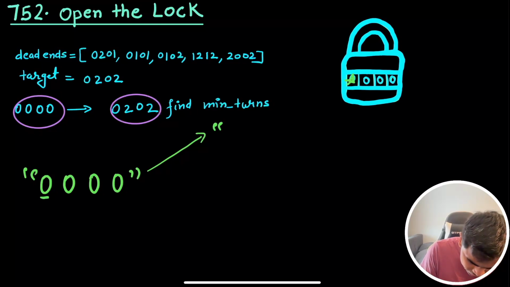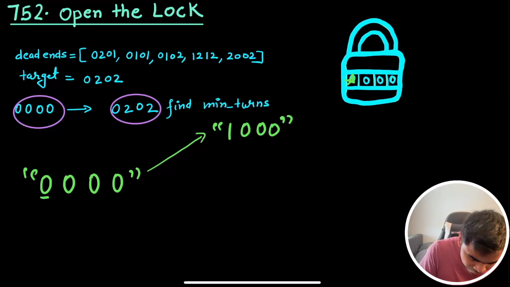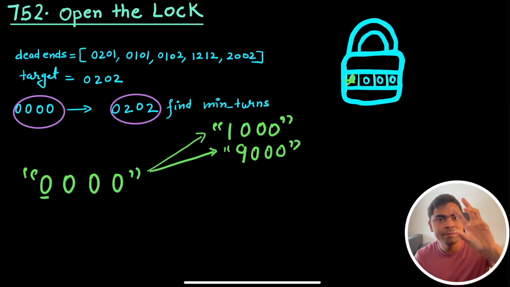So let's say I change it to 1, 0, 0, 0. That's one possibility. There is another possibility: I could have turned it the other way, which would circle back to 9, so 9, 0, 0, 0. So if I'm working on the first digit, I have 2 possibilities.